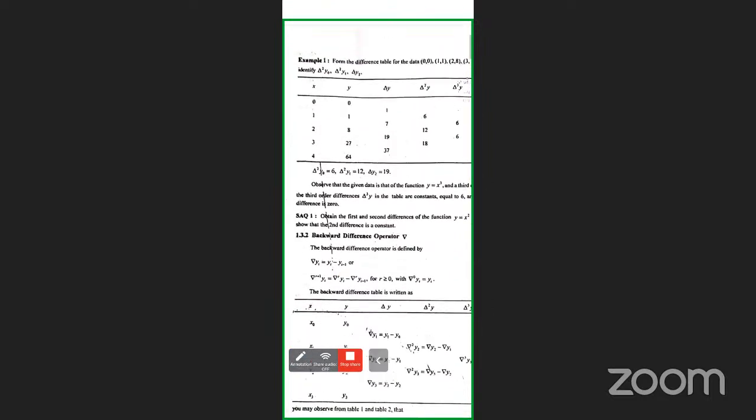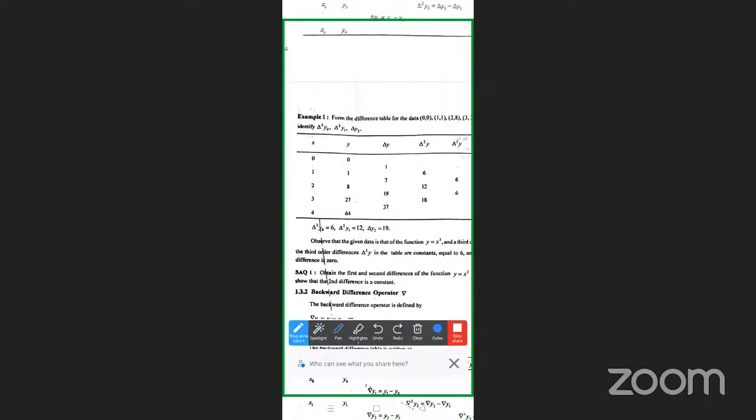So in the forward difference table, we are fixing y0. So y0, delta y0, delta square y0, and delta cube y0. Here we are fixing y0, decreasing from y4 to y3, y3 to y2, y2 to y1, and y1 to y0.